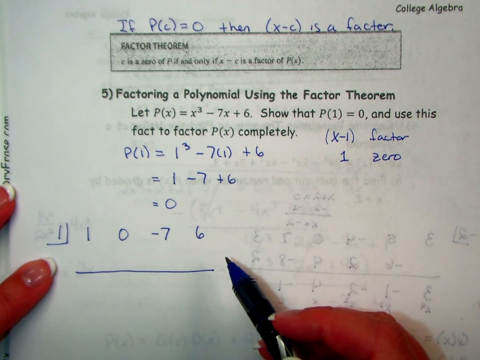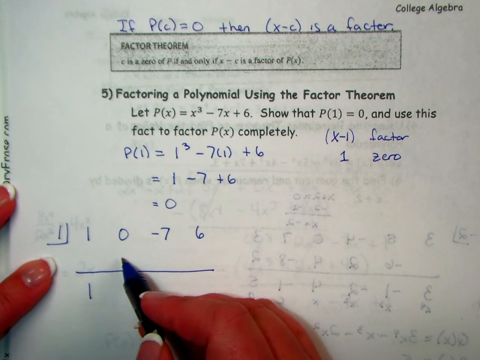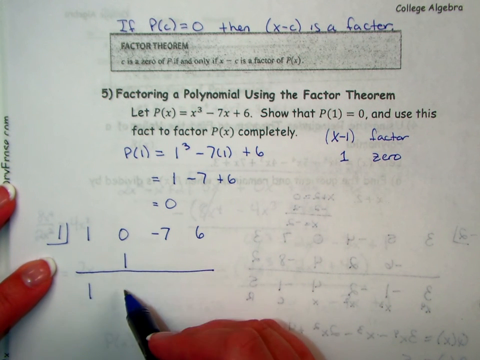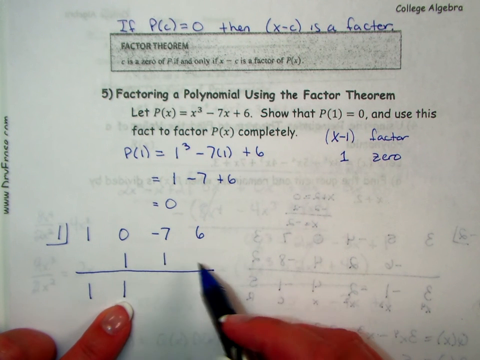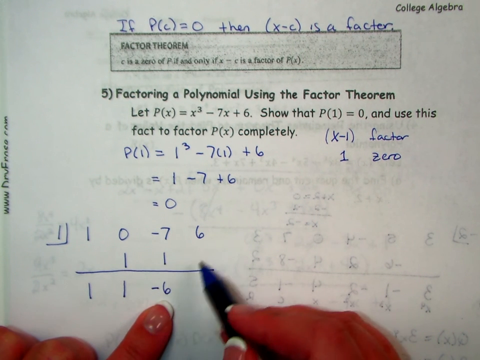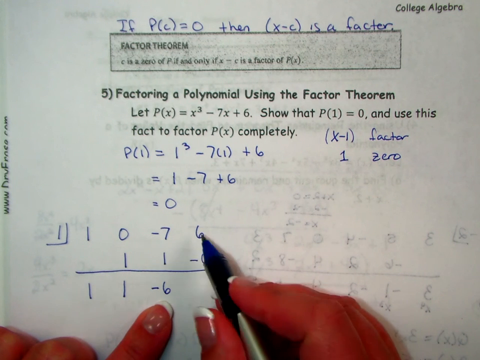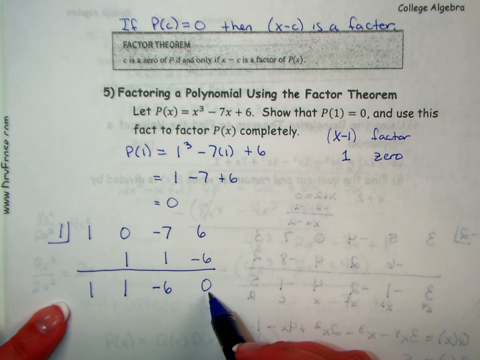The first step in synthetic division, add down. 1 times 1 in the next adjacent spot. 0 and 1 add down is 1. Multiply, put it in the next adjacent spot. Add down. 1 times negative 6 in the next adjacent spot. Add down. So this time we got a 0 remainder.